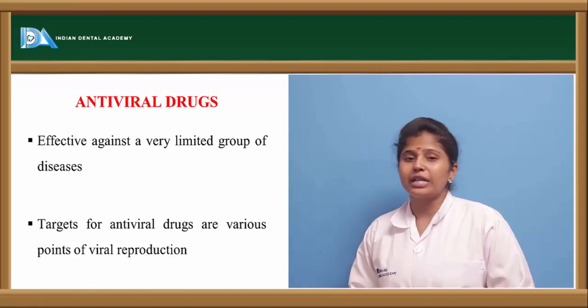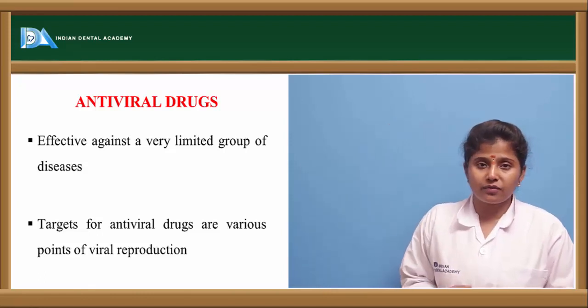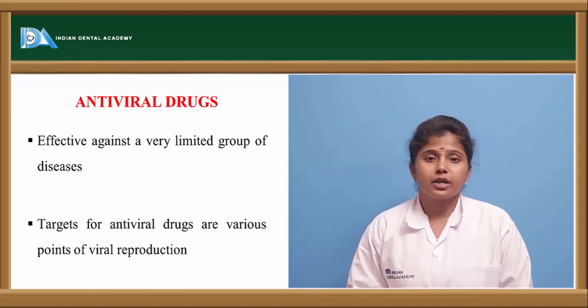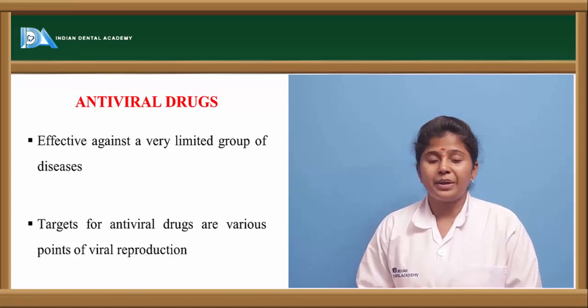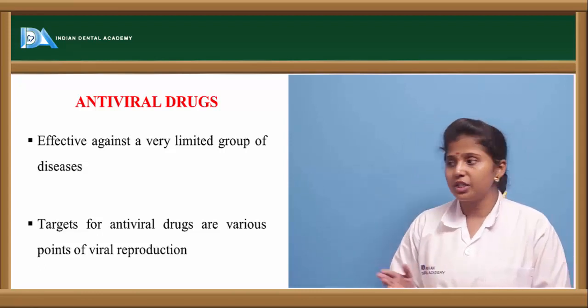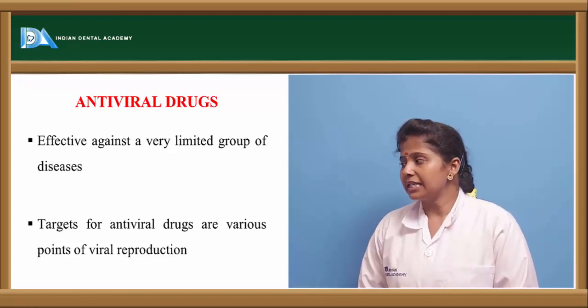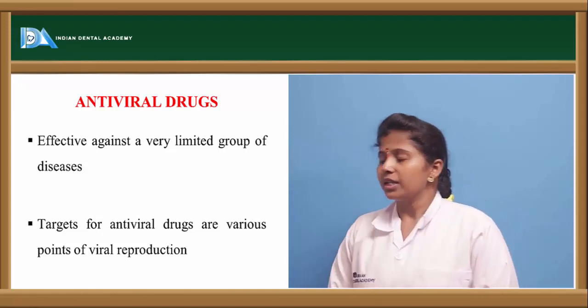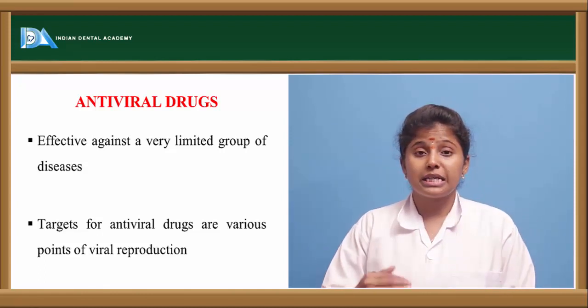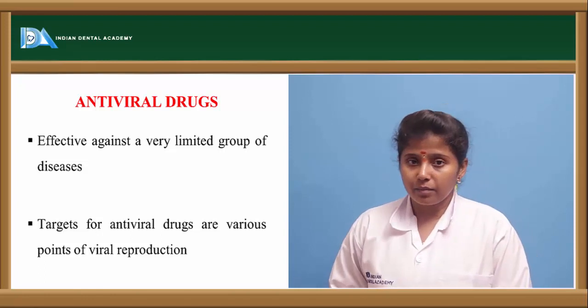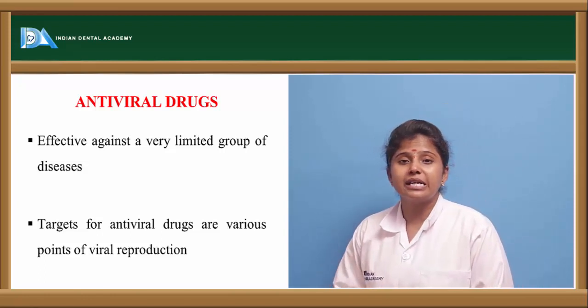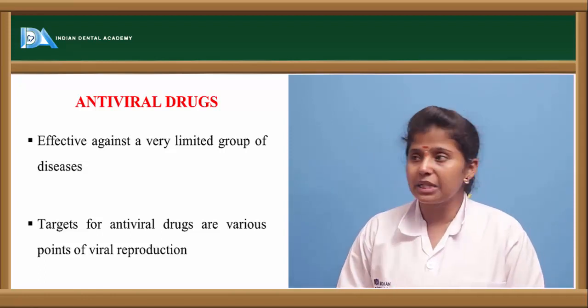They are very effective against a limited group of diseases. Antiviral drugs are not used against many diseases. Their usage is very limited, and the target for antiviral drugs is viral reproduction. They are used against virus reproduction and are very effective against viral infection.